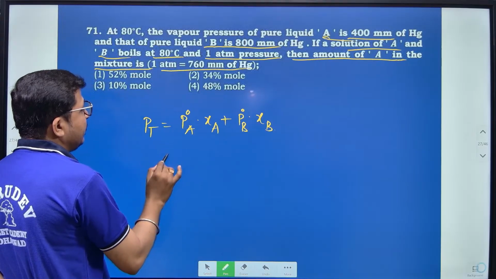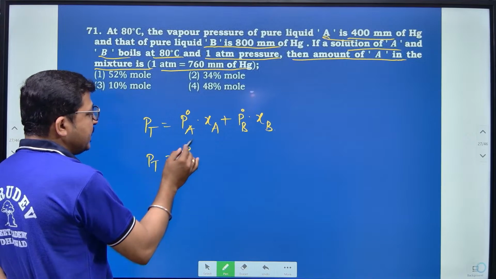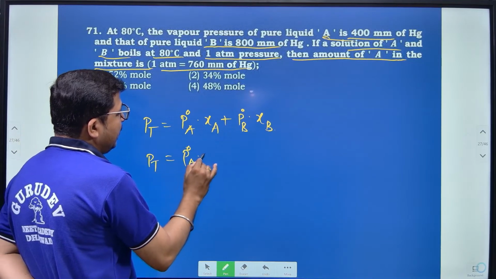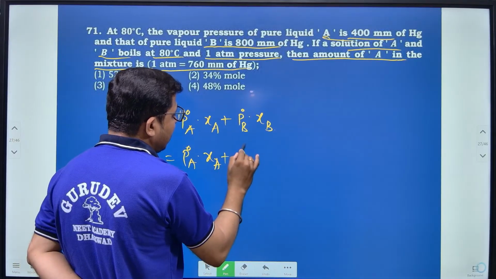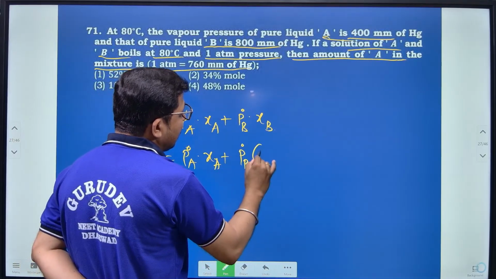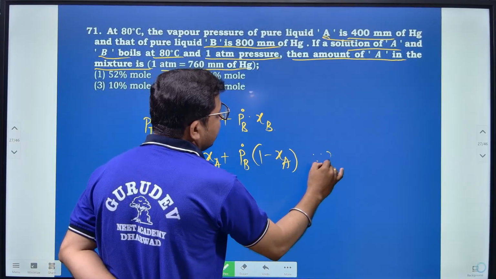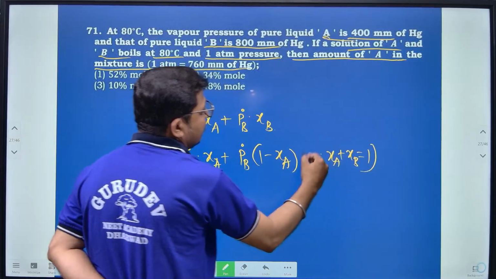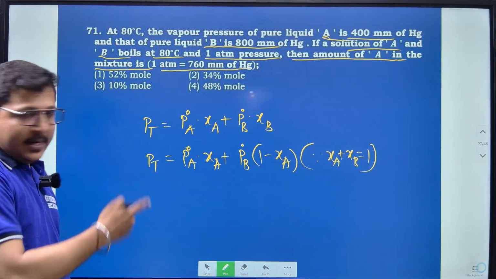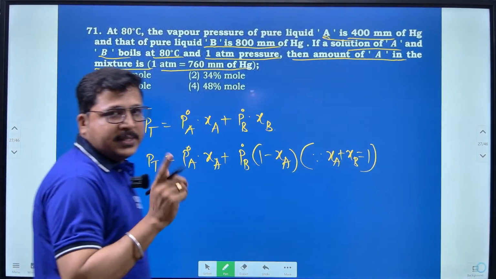Let's move to this one. Simple. Pt is equal to P naught A into XA plus P naught B, P naught we keep as it is, P naught B bracket of 1 minus XA, because XA plus XB is equal to 1. Clear? Okay. Now what we have to do? Simple.